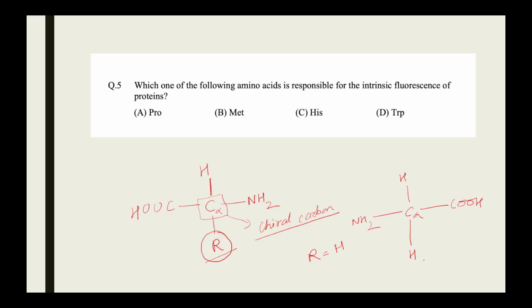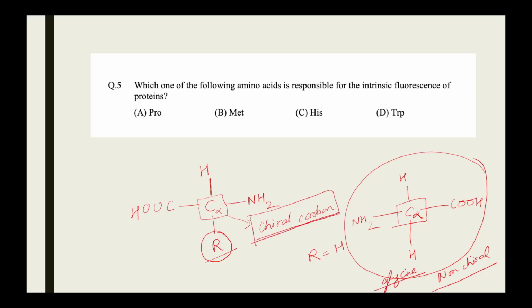There are two hydrogens attached to the alpha carbon, so in the glycine structure this alpha carbon is not chiral. Except glycine, all other amino acids have the alpha carbon as a chiral center, and because of this chirality, all the remaining amino acids except glycine are optically active.